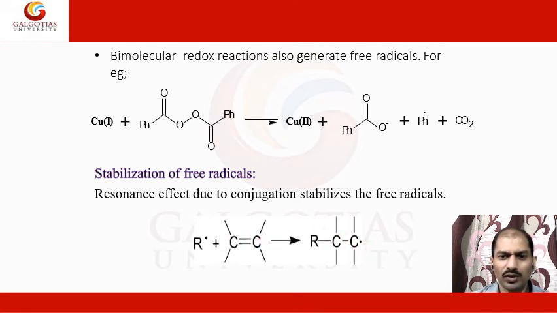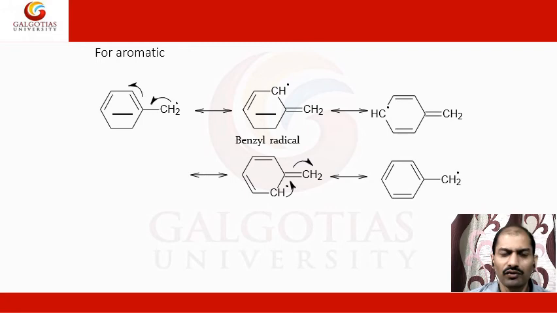There are a number of this kind of reaction. Also in the case of aromatics, if you can frame different resonating structures or kinds of conjugation for a particular molecule or species, then that radical can be more stabilized.